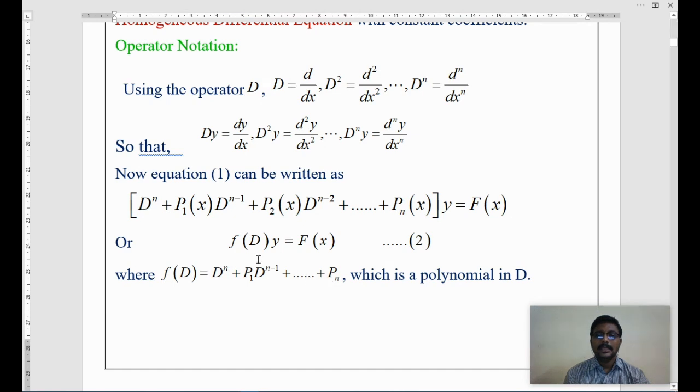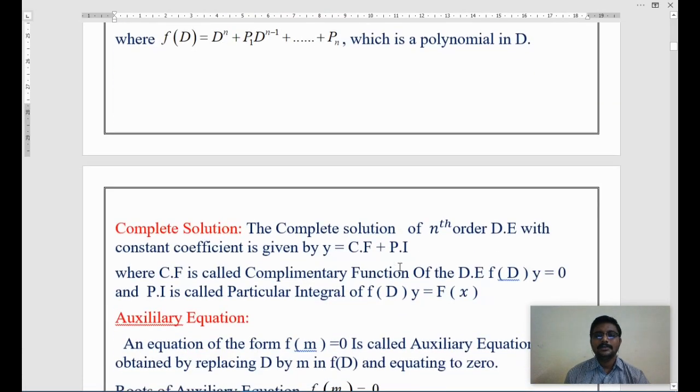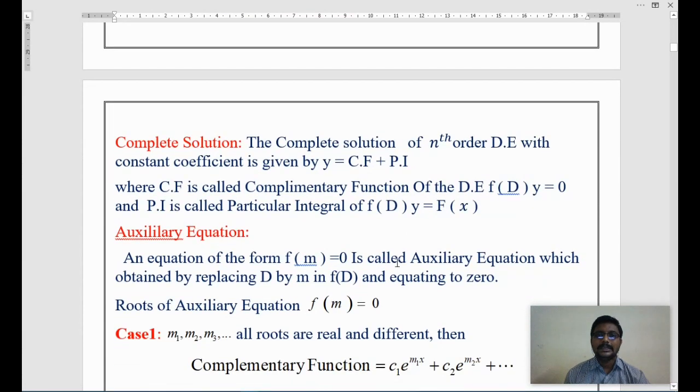Now the value satisfying the equation, that is y, is known as the solution for the given nth order differential equation. Its solution is known as the complete solution. To find the complete solution, it is the addition of two solutions, one is a complementary function and another one is a particular integral.